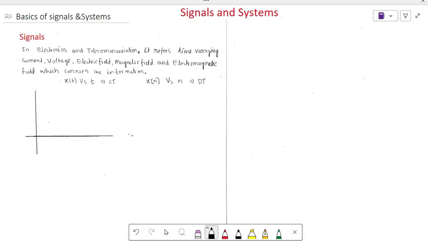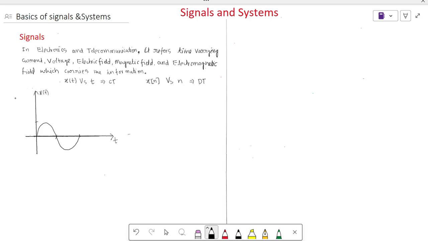So on the x-axis this is time, on the y-axis x of t. This is the magnitude.